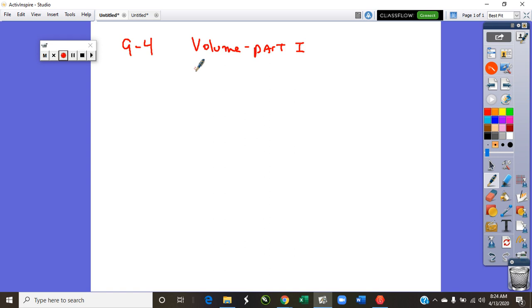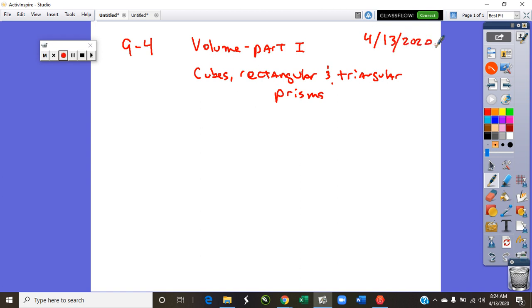We're going to be finding the volume of cubes, rectangular, and triangular prisms. This is April 13th.